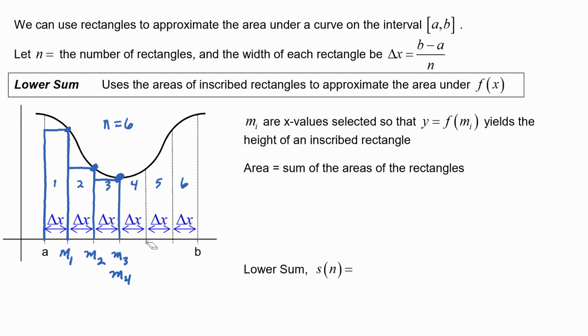I can't pick this x value over here because the height of that rectangle would go outside of the area under the curve. So to get the inscribed rectangle for region 4, I have to use this x value, which yields this height.